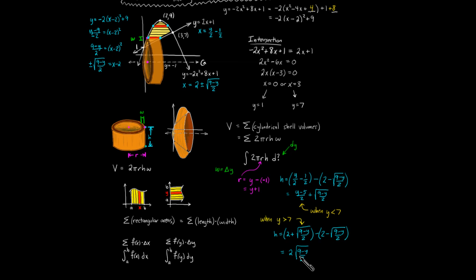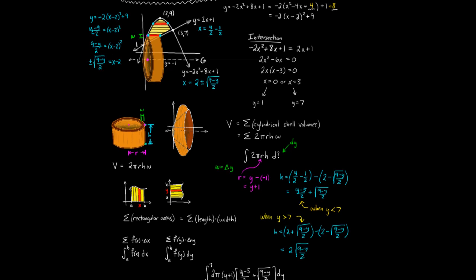Okay, so now we are ready to plug this information into this integral form, noting that we really have to consider two different integrals here. One that is going to be valid when y is ranging from 1 up to 7, and the other, right, this case, which is valid from y equals 7 up through 9.